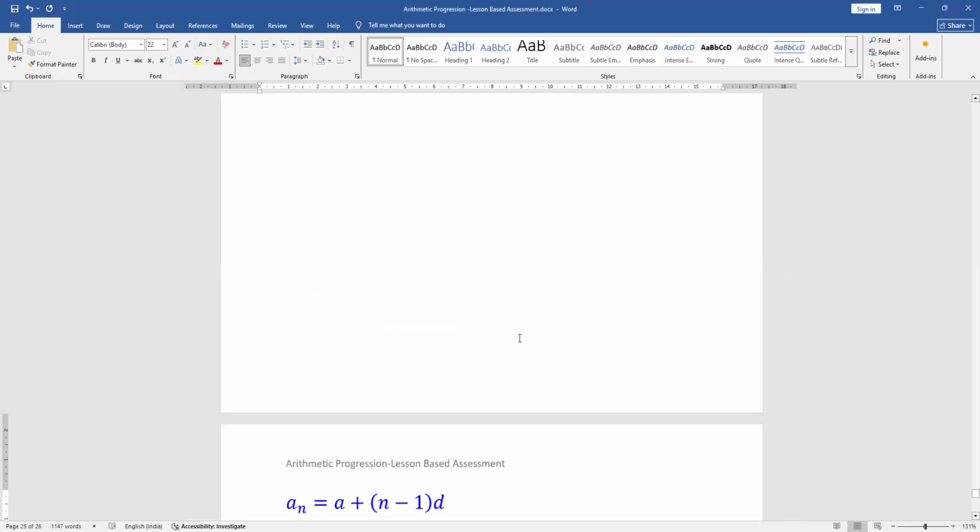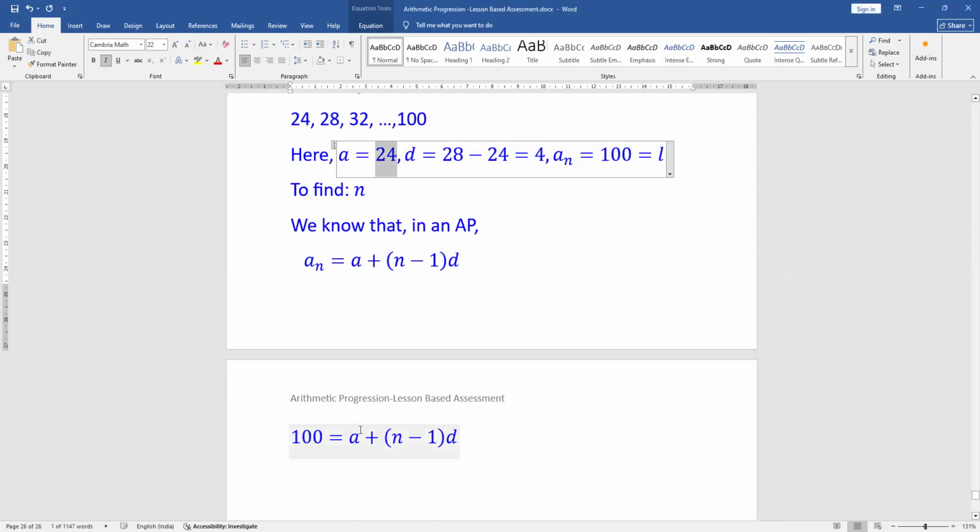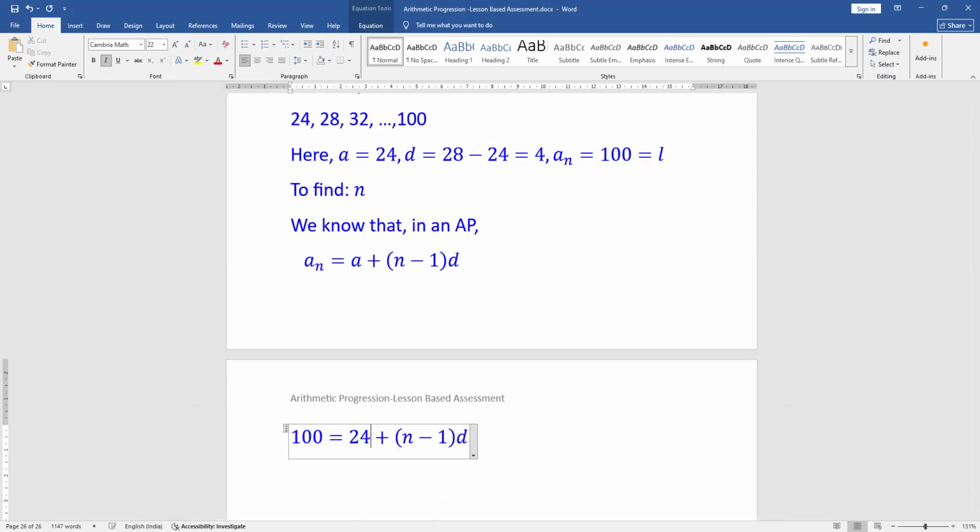And then observe here carefully. a_n means I can replace it with 100, correct? So write that, 100. Then what is a? a is 24. Like 24 here, n minus 1. So n I need to find out. And what is d value? d value is 4.